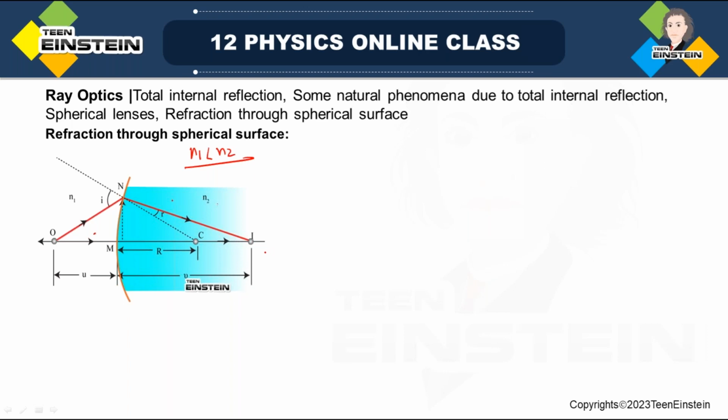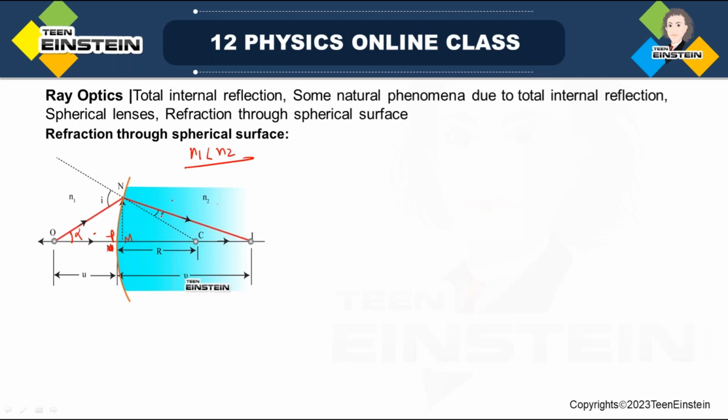Since it is called ray optics or geometric optics, we are going to use simple geometric formulas and concepts. Let me name this point P initially, and M is the perpendicular. Let us say this angle is alpha, which is the angle of incidence.